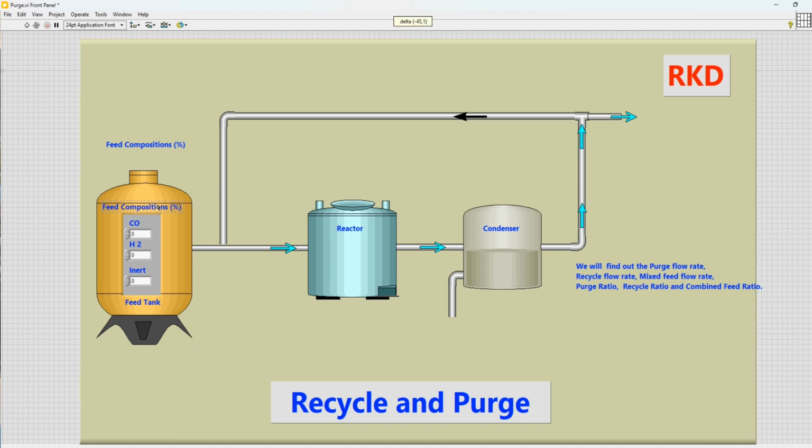Okay, so now this part is over. Now here we have to take your basis. What is the basis? The basis is the feed flow rate we are taking.